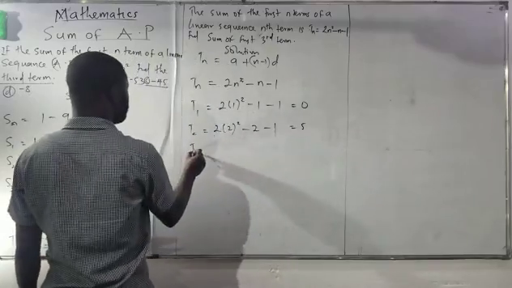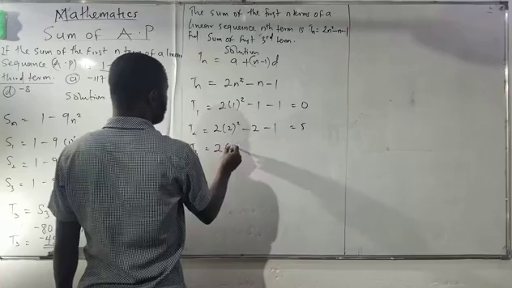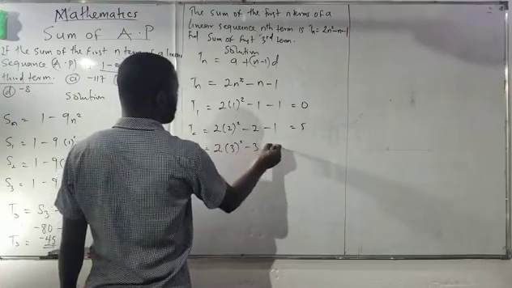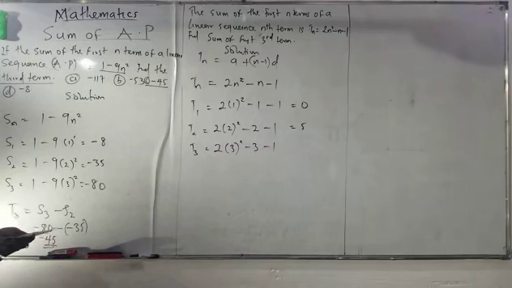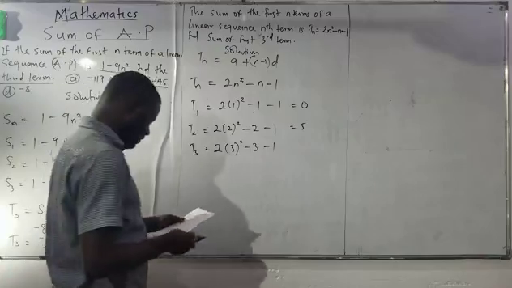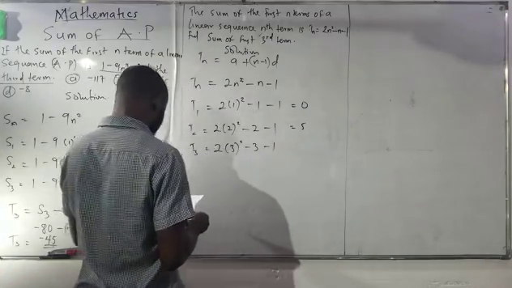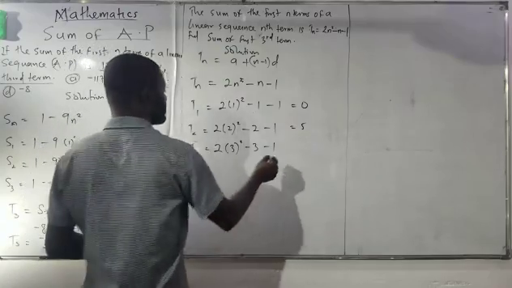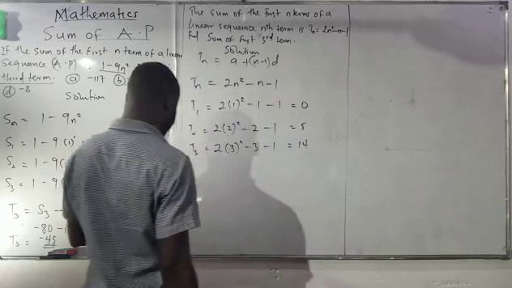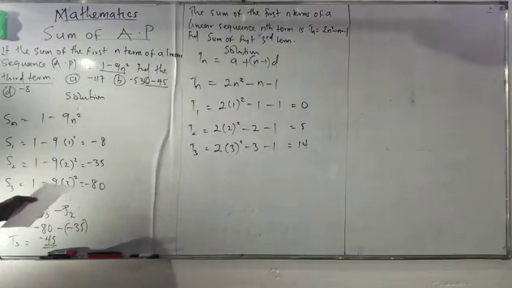Now, T of 3, 9, 18, 18 minus 3, it will be 15, if I'm not making a mistake. Is it 18? Oh, sorry, it will be 14. That is my T of 3.